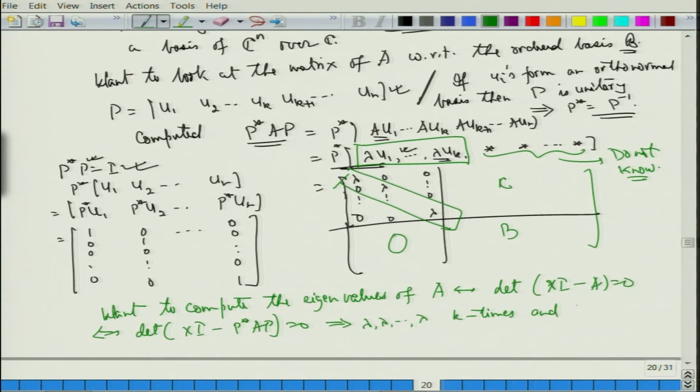And lambda may appear, I am not sure what will happen, but lambda may appear as a root of the determinant of xi minus B equal to 0. All right, fine.